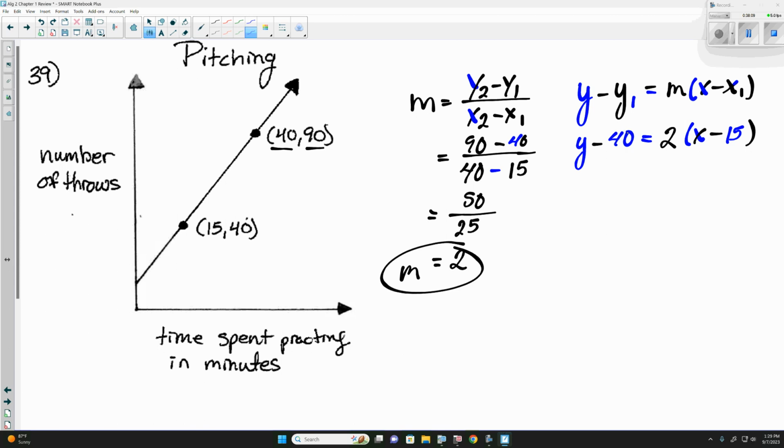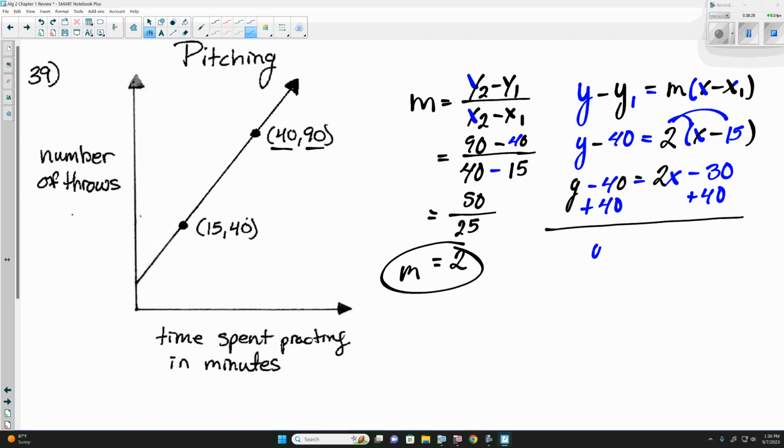Now we just need to get y by itself. The first thing we can do is multiply by 2. Well, 2 times x is 2x. 2 times negative 15 is negative 30. And the last thing we'll need to do is add 40 to both sides, telling us y is equal to 2x plus 10. And that's it.